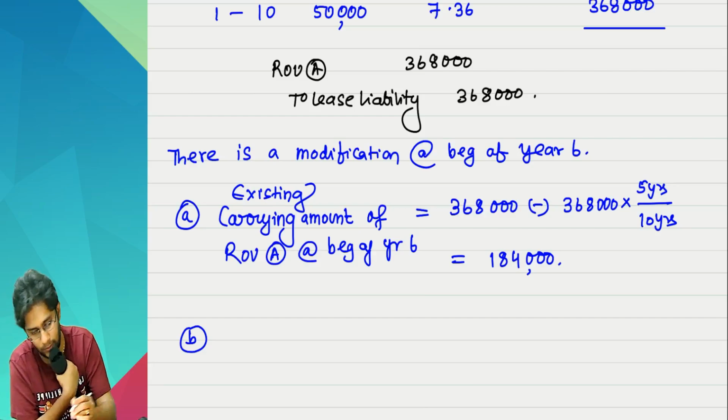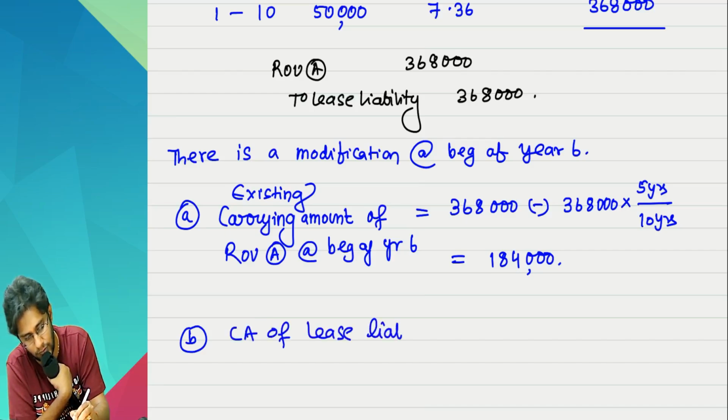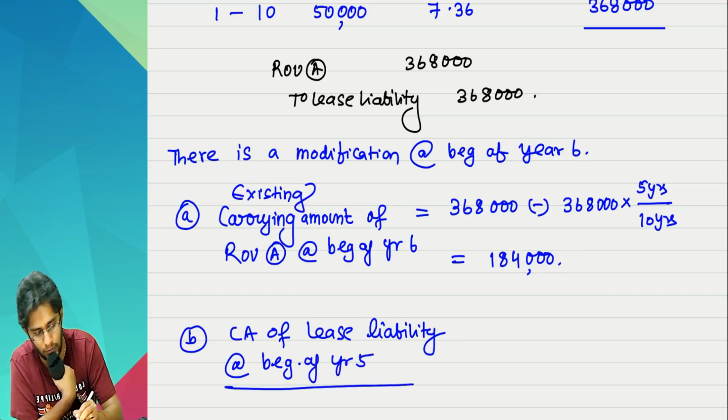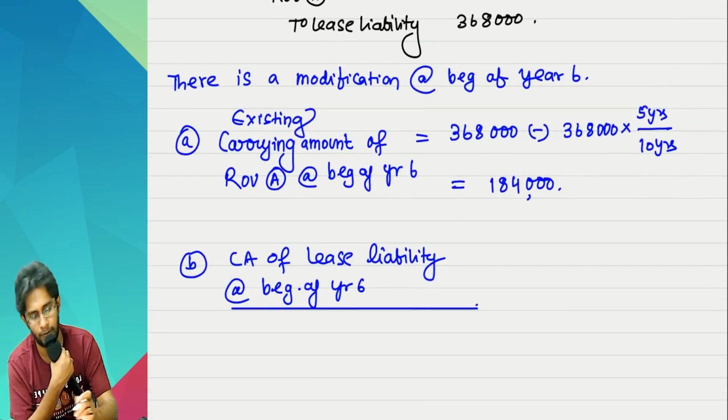Now coming to the liability part. The carrying amount of lease liability at the beginning of year 6 or end of year 5, either way.